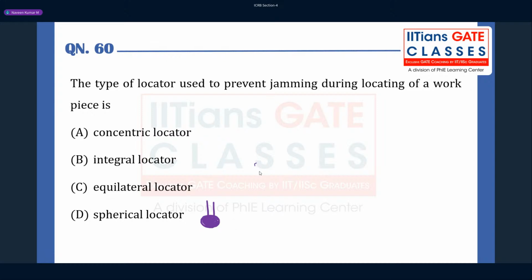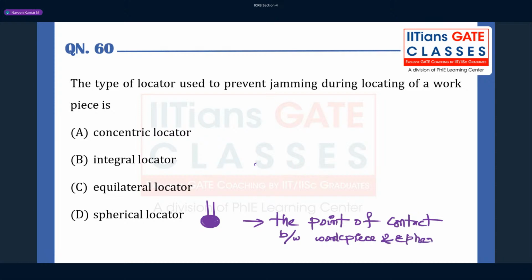If you try to touch a sphere on a flat surface, the point of contact between the workpiece and the sphere locator is very small.